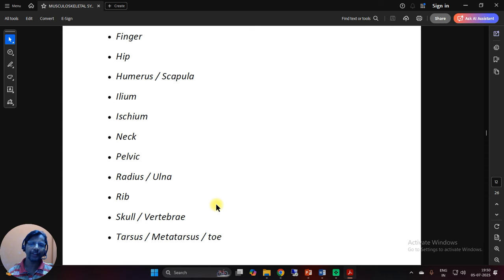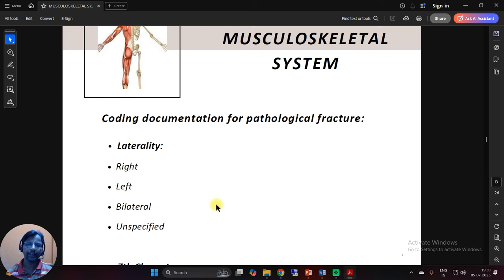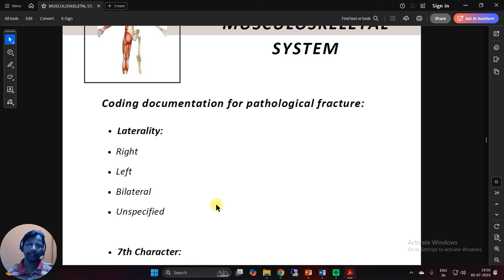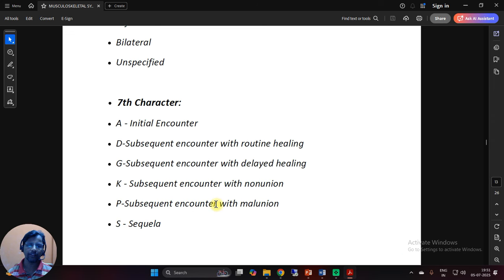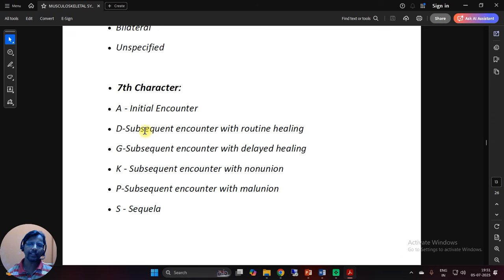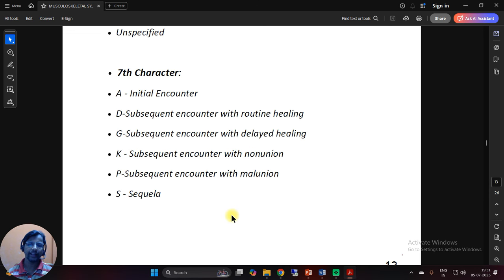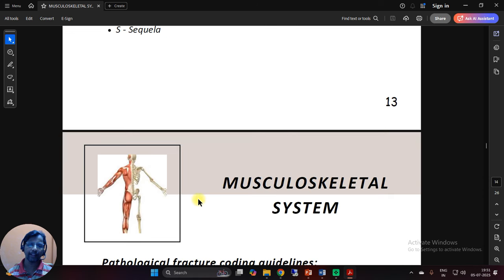So basically you need to check based on the location where the patient has the fracture. Next you need to check laterality, whether it is right, left, bilateral or unspecified. We have already seen these seventh characters: A for initial encounter, D for subsequent encounter with routine healing, G for delayed healing, K for subsequent encounter with non-union, P for subsequent encounter with malunion, S for sequela.